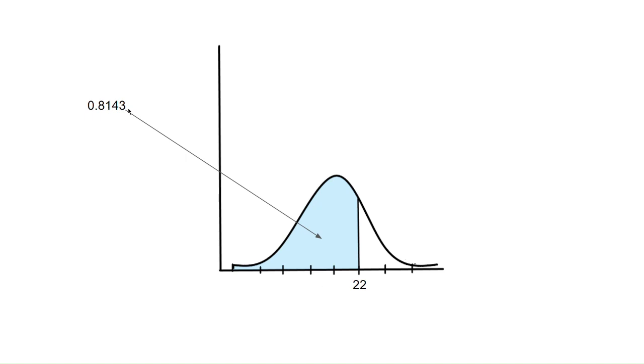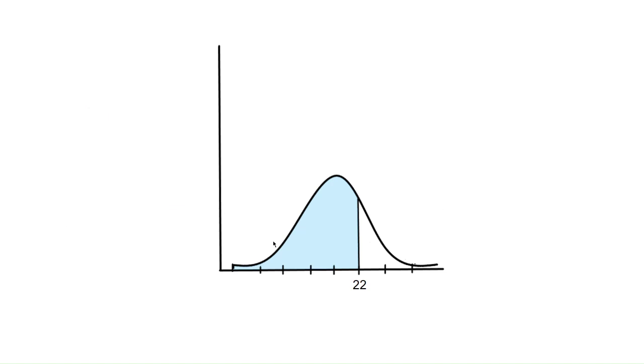If we multiply 0.8413 by 100, we get 84.13. That shows that 84.13% of the data lies below 22. So this blue part right here is 84.13% of the data. Another way to put it is, if you select a random number in this whole normal distribution, there's an 84.13% chance that it's below 22.